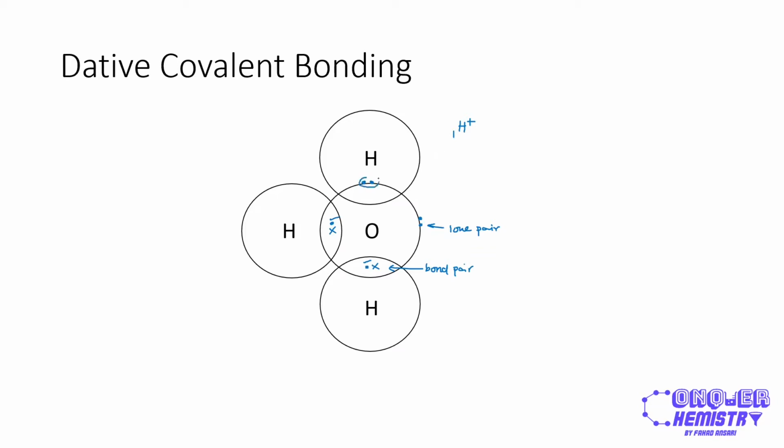So this lone pair will now become a bond pair, and this is basically a dative covalent bond pair, right? So what happens as a result is that you get this polyatomic ion with the water molecule and a hydrogen ion giving you H3O+, right?